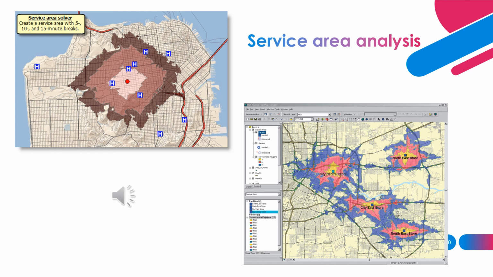Service areas created by network analysis also help evaluate accessibility. Concentric service areas show how accessibility varies with impedance. Once service areas are created, you can use them to define how much land, how many people, or how much of anything else is within the neighborhood.